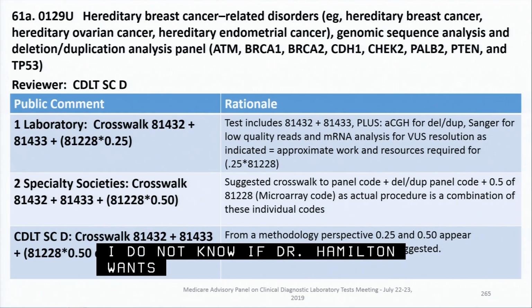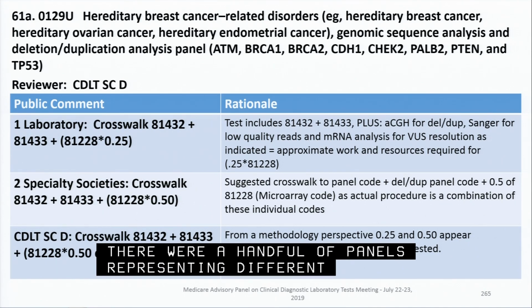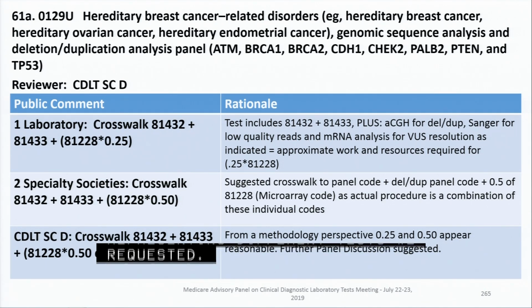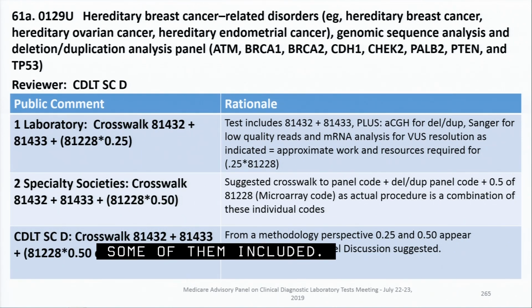Sure. Appreciate an explanation on the 0.25 compared to the 0.50 on the 81228. Certainly. As you're aware, there were a handful of panels representing different gene sets that we've requested new CPTs and pricing for here. Some of them included the PMS2 gene, which requires a separate MLPA analysis every time it's performed, and some of them did not.